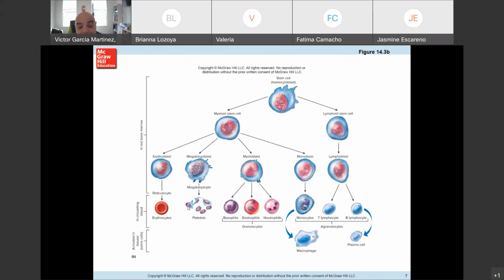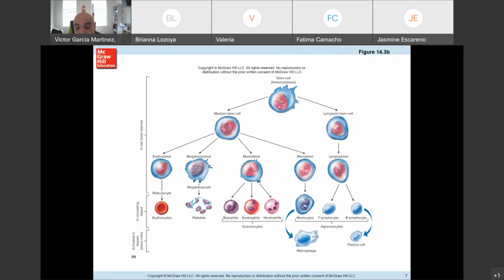Guys, these are cells, form elements of the blood. But these guys, they have precursors. Then the grandfather cell is the stem cell. Then you have these two daughters, myeloid cell and lymphoid cell.